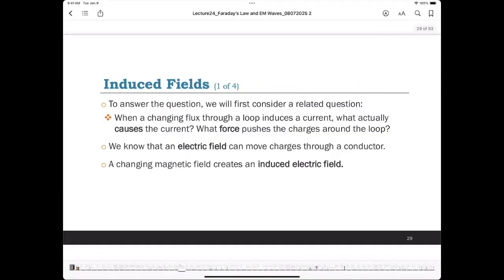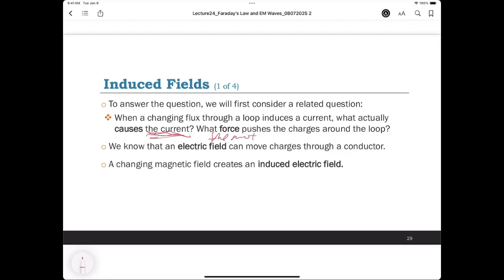If you want to cause a current, there will be the motion of charge. We know the current is the motion of charge. Am I right? So what causes this motion of charges, and what force pushes the charges around the loop?